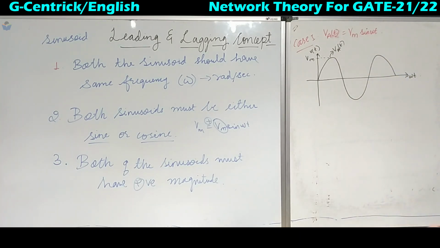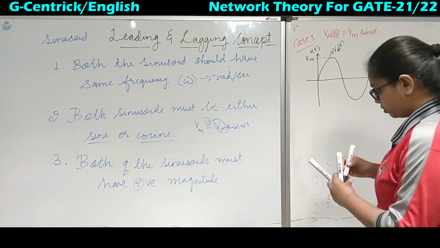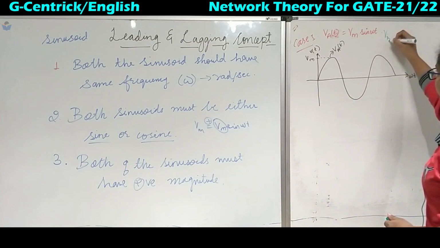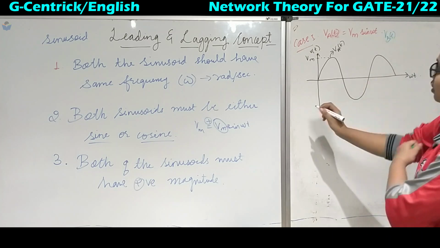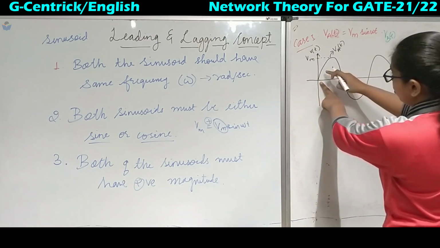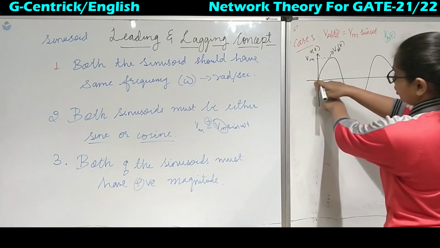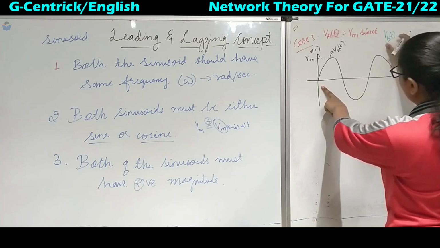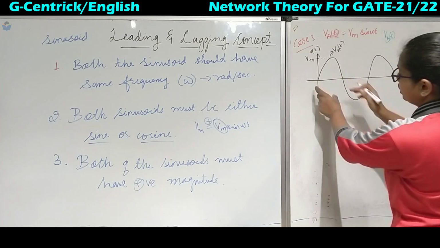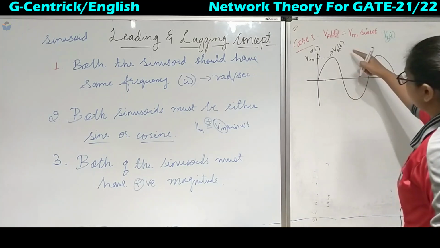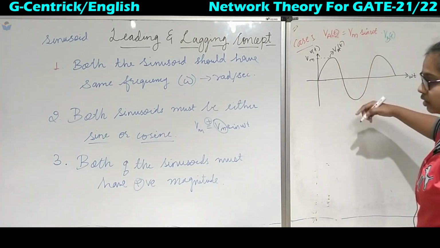Now there is one more signal, Vb of t. It will not start from the origin. A sine wave always starts from the origin and a cosine does not. So this Vb of t is not starting from the origin, but after some time, from this point, it moves in a sinusoidal fashion.